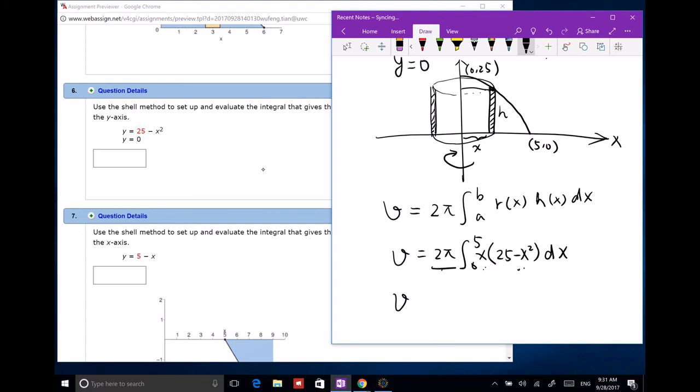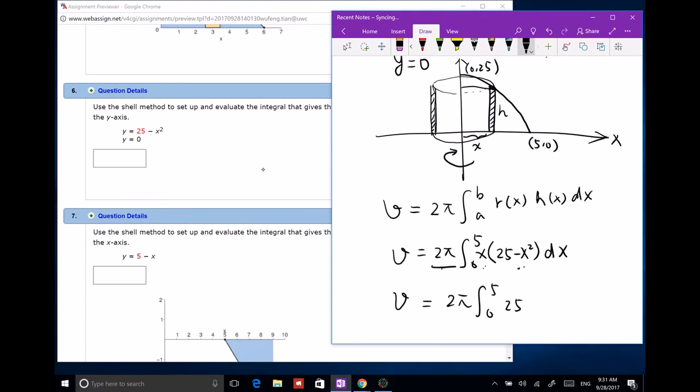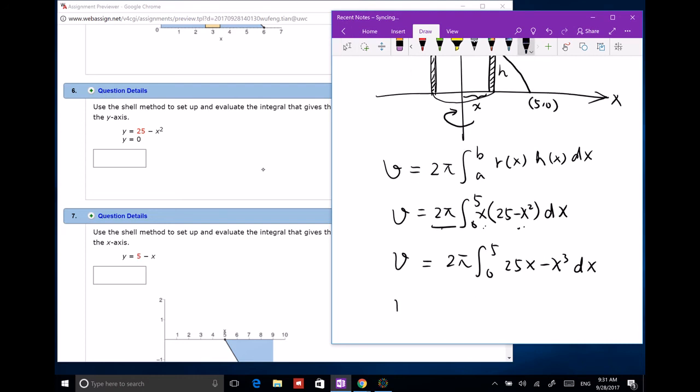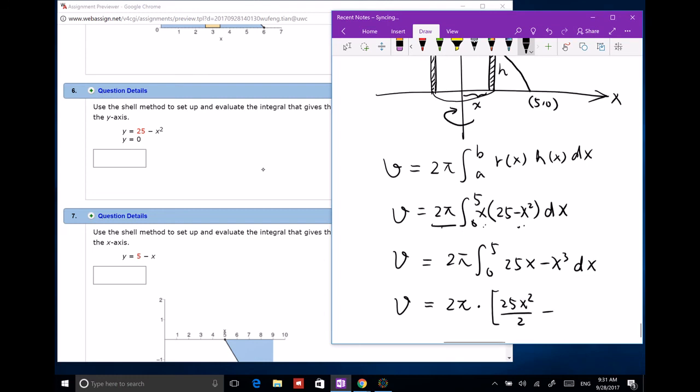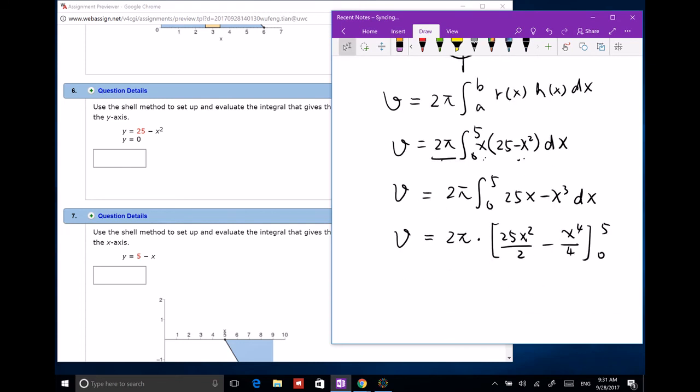You solve this as 2 pi from 0 to 5 of 25x minus x cubed dx. Then you get V equals 2 pi times 25x squared over 2 minus x to the fourth over 4, plugging 0 to 5 into it. Should be easy for you. Does it make sense, everyone?